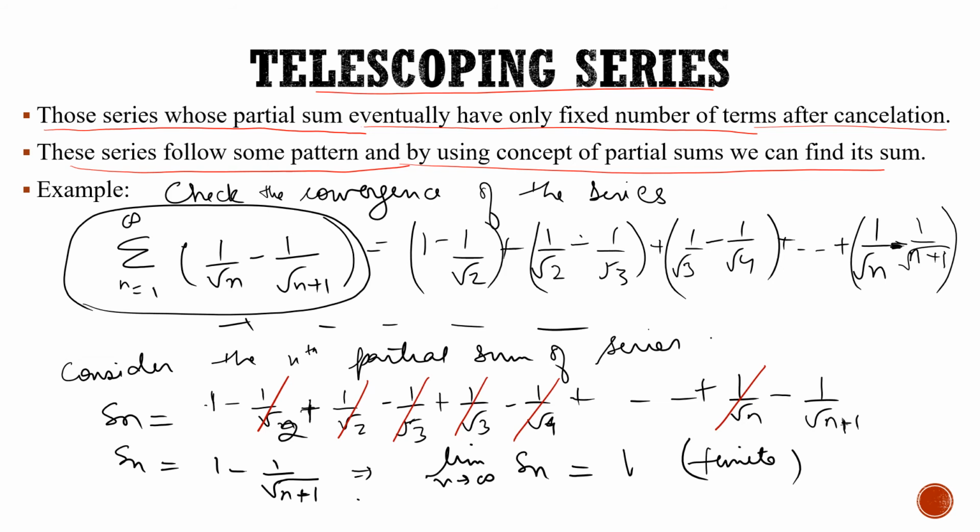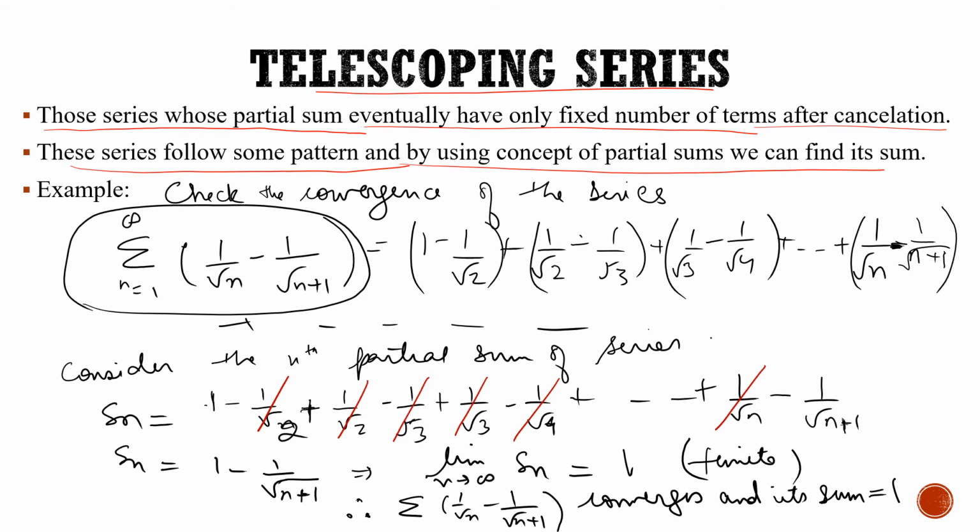So therefore this series converges and its sum is equal to 1. I hope this clears up what a telescoping series is.